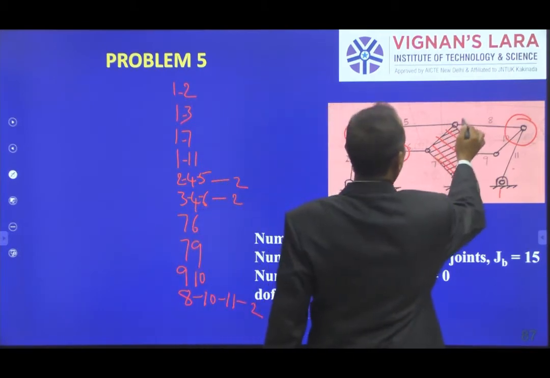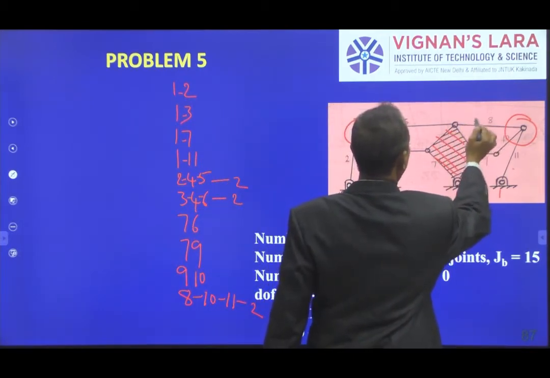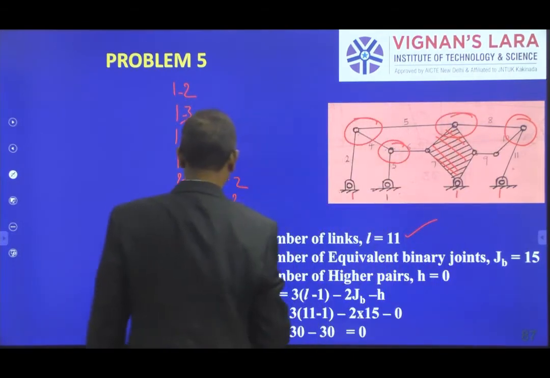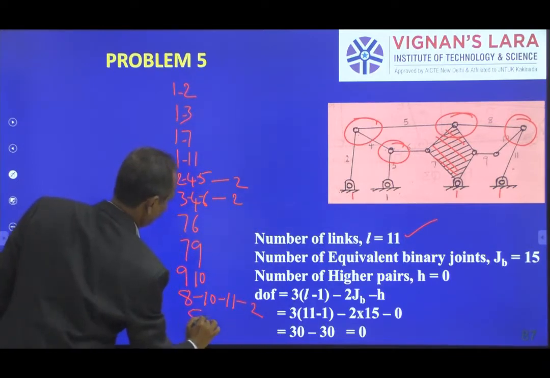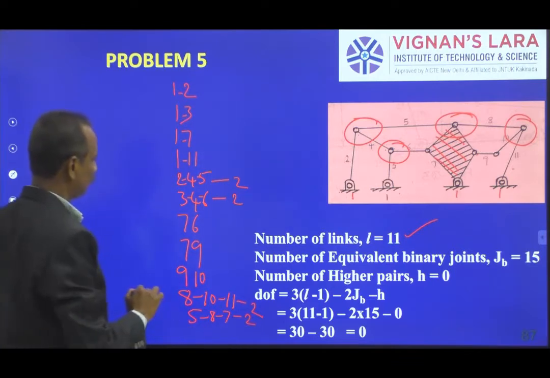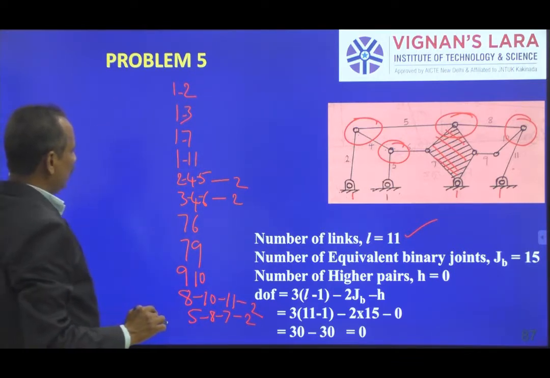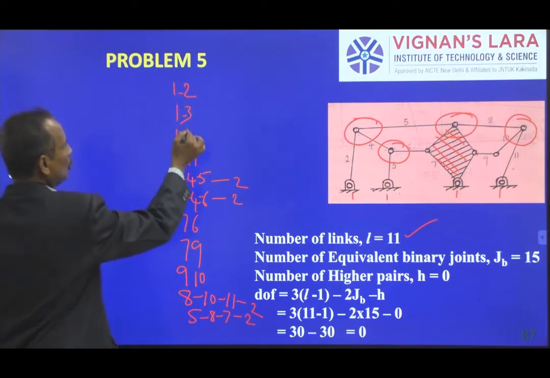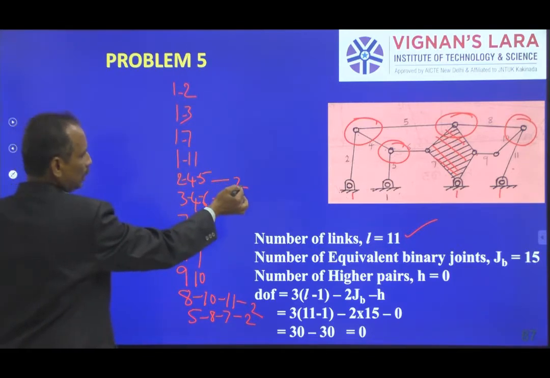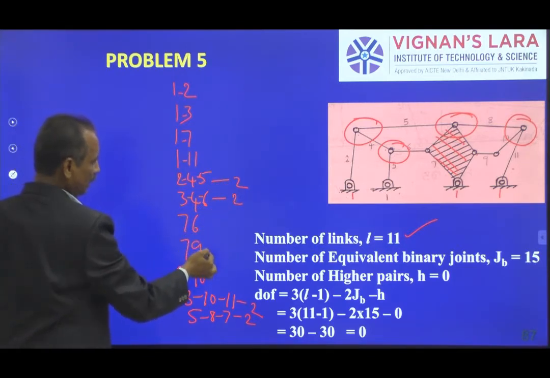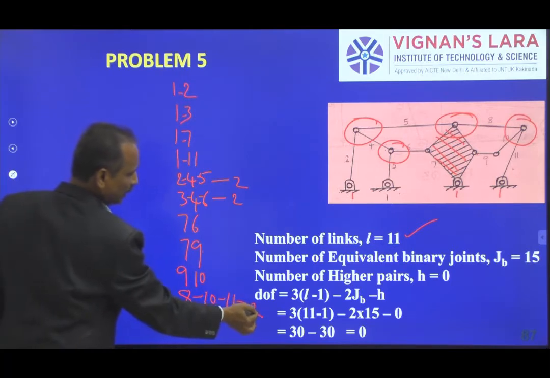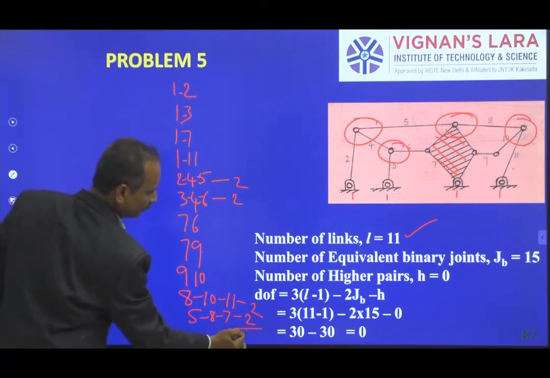Then here 3, 5, 8, 7. So you can count the total: 1, 2, 3, 4, 6, 8, 9, 10, 11, 13, 15.